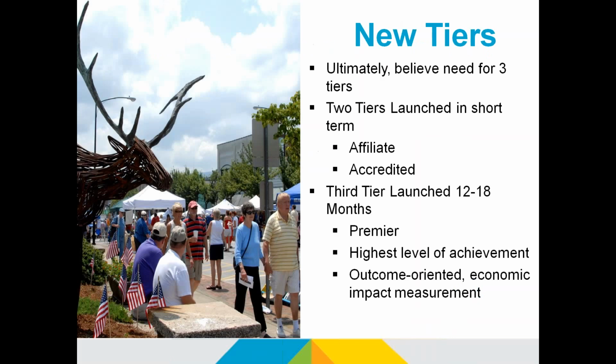So one of the biggest changes that I think that they're doing is a new tiered approach with the programs. Just to give you a brief recap, in the past they've had 2 different tiers for communities that want to be involved with the National Main Street Center. The first one was designated and the second one was accredited.